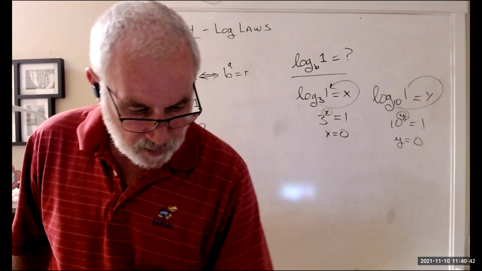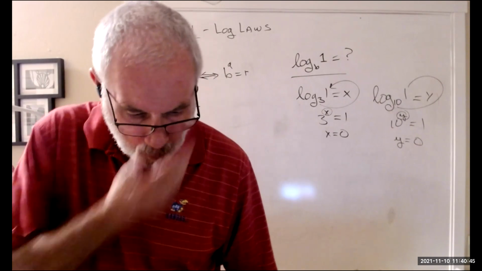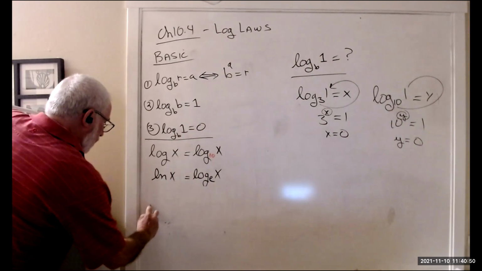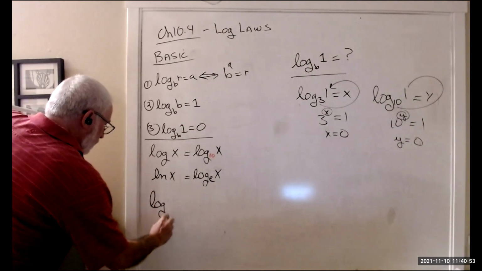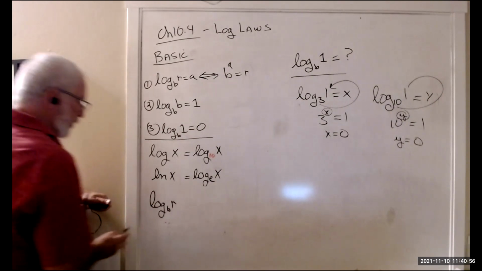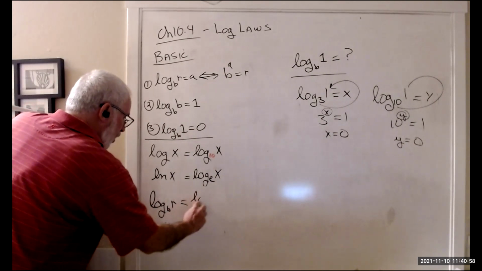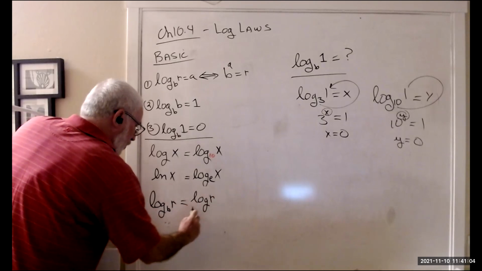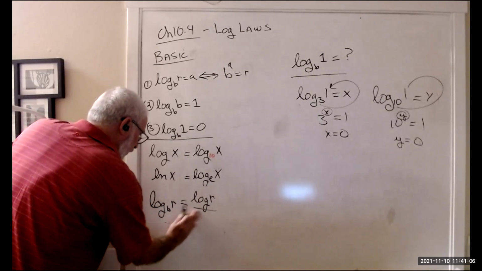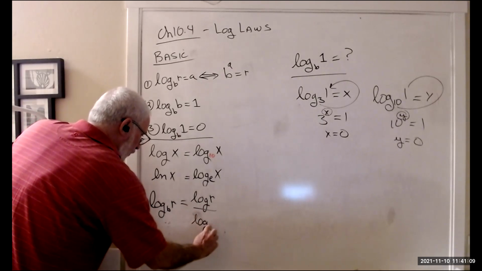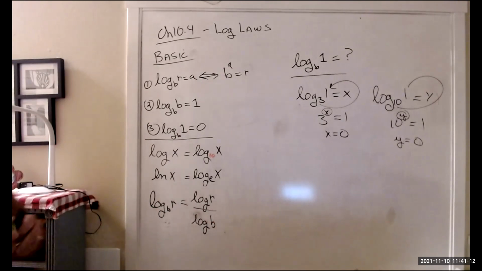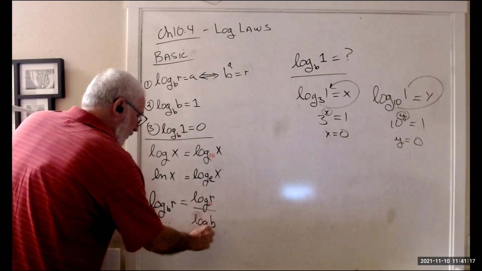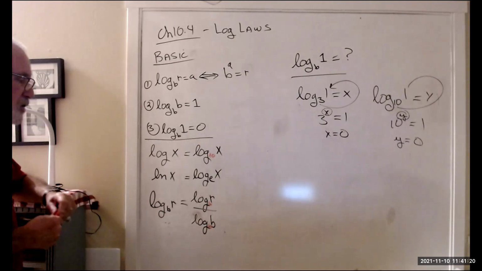All right. Next one. We have our change of base formula. Log base B of R, whatever those are, is the log of R divided by the log of B. And the implication there is these are base 10, so you can change them into base 10 problems.